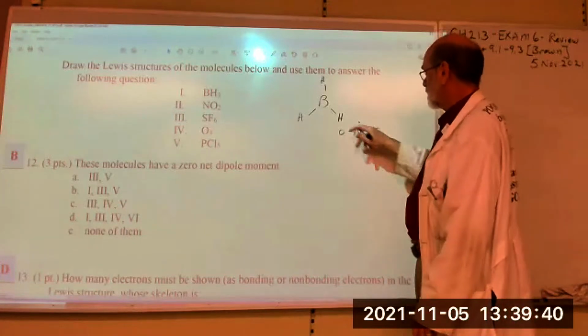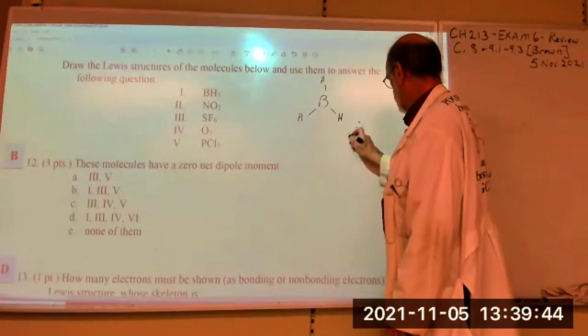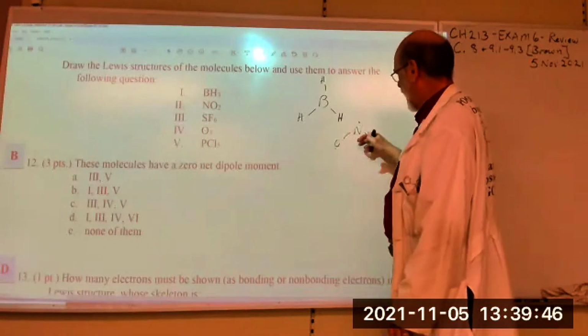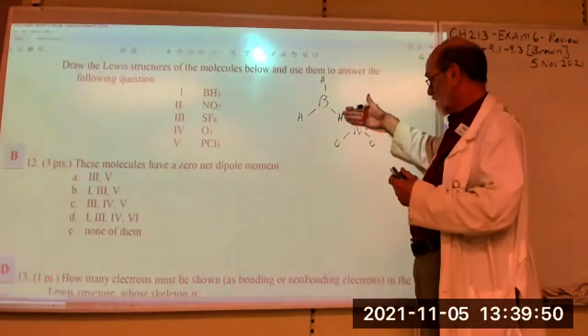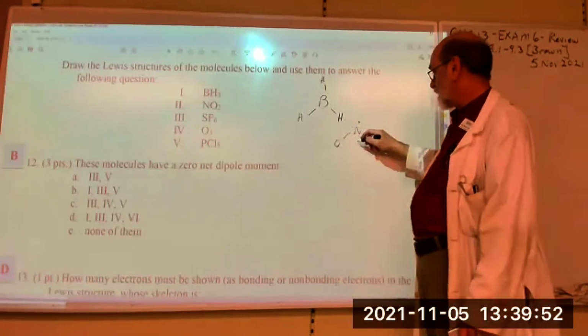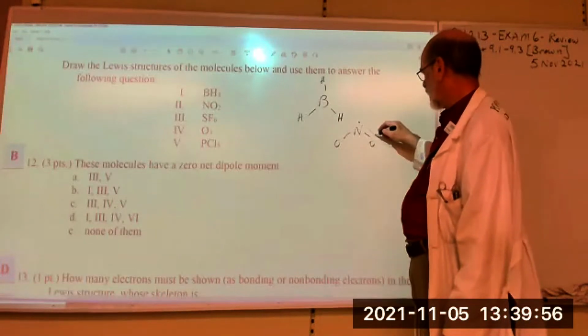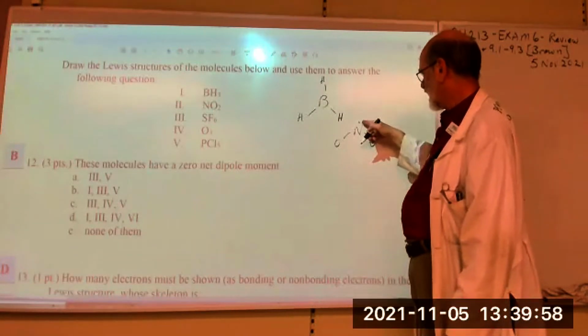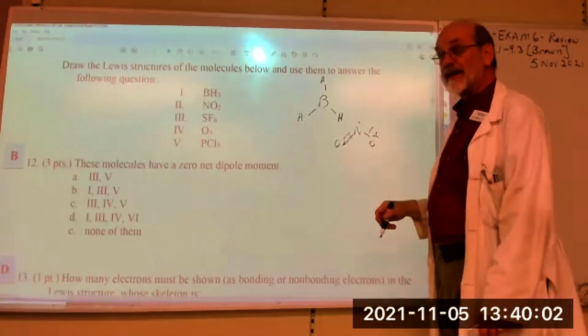Because it's going to be like this, like that, and that. Trigonal planar electronic structure, but geometric structure is bent. Nitrogen should be this way, except you got an electron here, so I'm not sure which way it's going to go. But it's a net dipole.